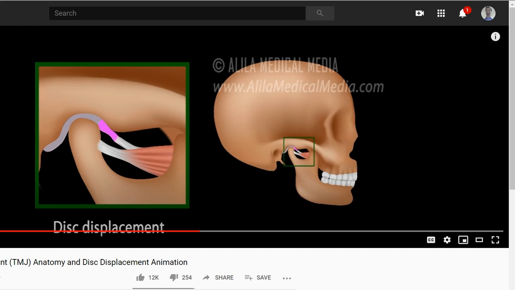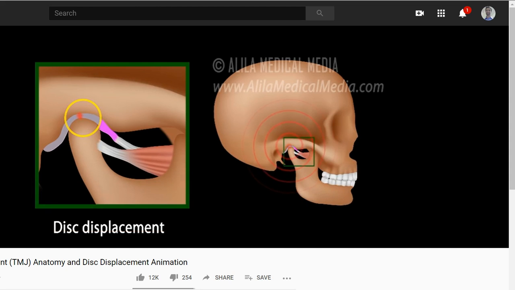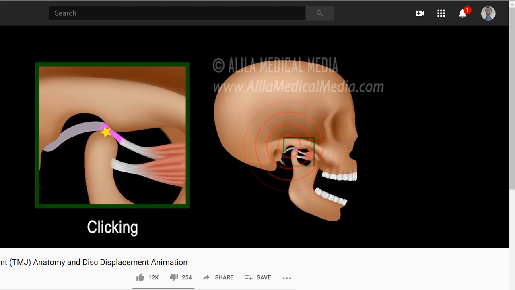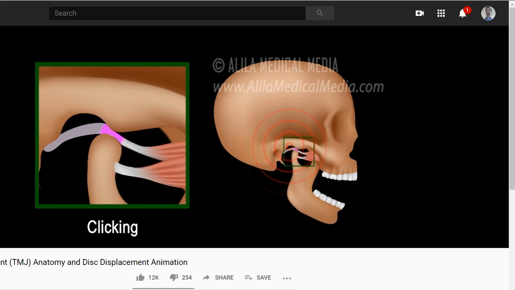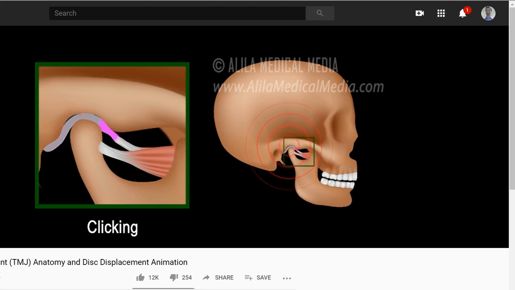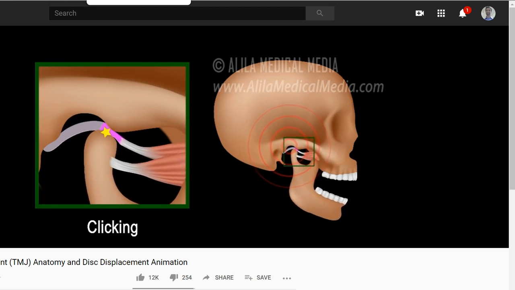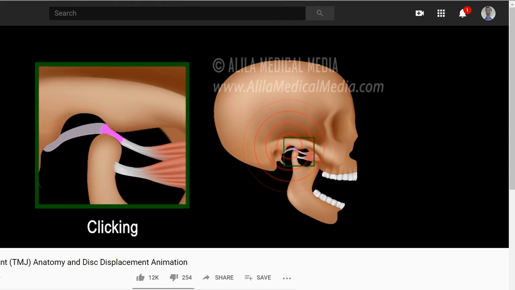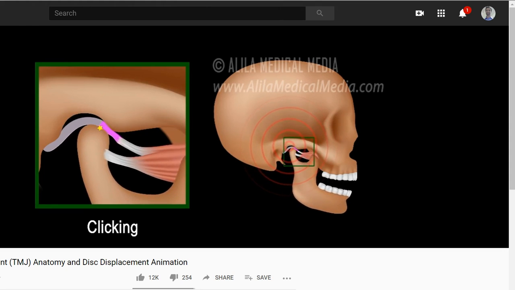As the disc moves forward, the retrodiscal tissue is pulled in between the two bones. This can be very painful as this tissue is fully vascular and innervated, unlike the disc. The forward dislocated disc forms an obstacle for the condyle movement when the mouth is opening. In order to fully open the jaw, the condyle has to jump over the back end of the disc and onto its center. This produces a clicking or popping sound.